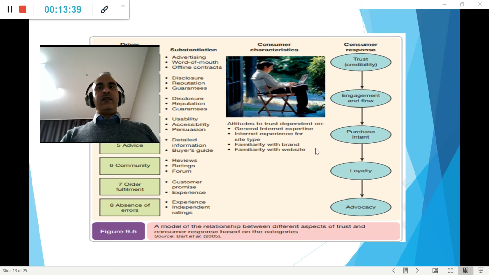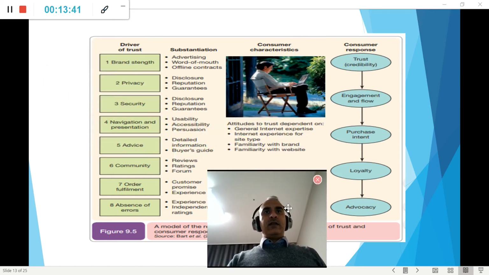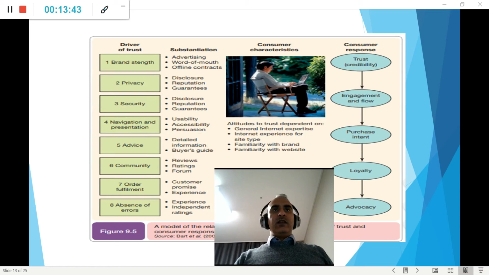In this case, we understand, first of all, is the consumer trusting us? In the beginning, it's not there. So we have to bring that strength. We have to engage them. We have to make sure that they trust us, that we deliver a good product, so that they become advocates of us.